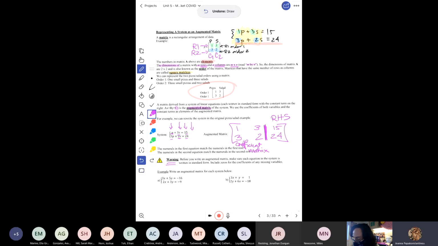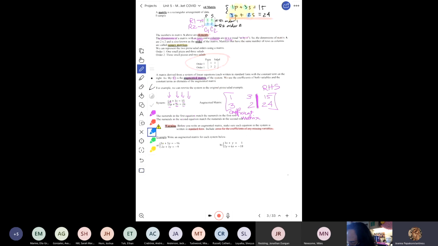So again, first make sure that everything is written in standard form, and then include zeros for coefficients of any missing variables. If not, you're performing your operations on the wrong matrix, and there's no way for you to get the right answer. Okay?